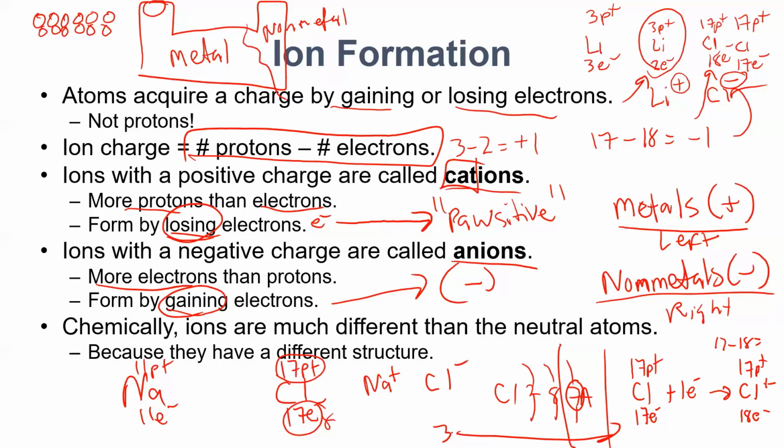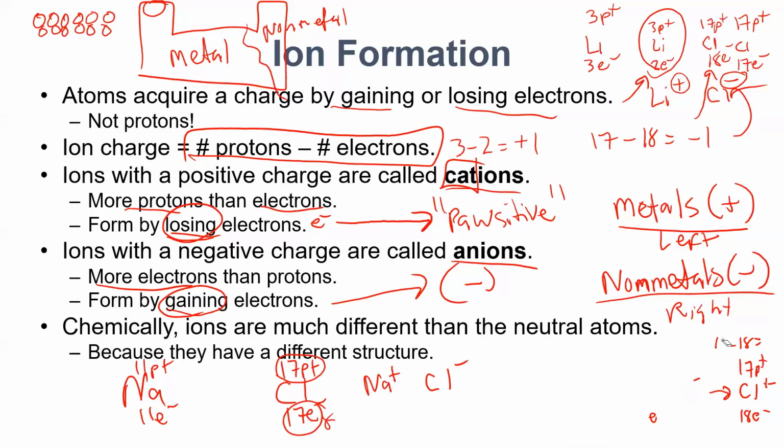Why am I writing this all out? This is kind of a precursor to what we're doing in this whole video, right? We basically have sodium losing an electron, but it can't just throw that electron away. So it has to give it to somebody. So sodium, by forming this positive sodium ion, gives an electron to chlorine, who ends up forming a negatively charged anion.